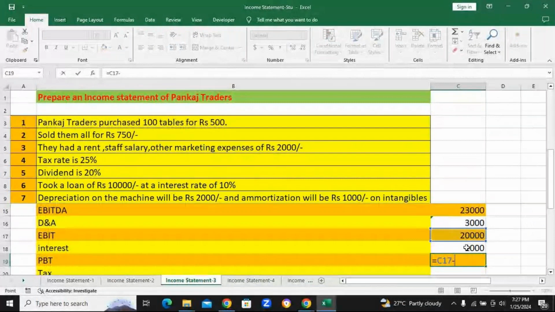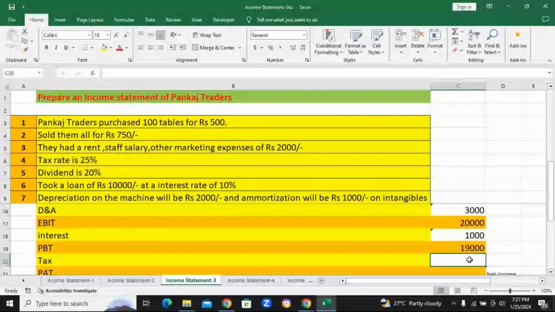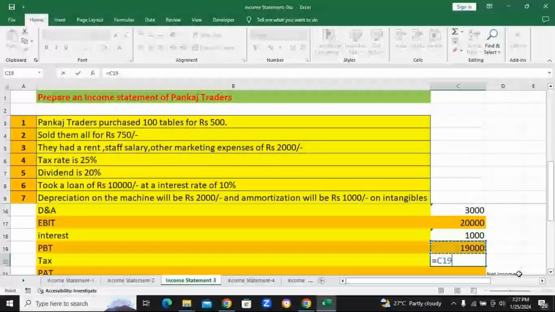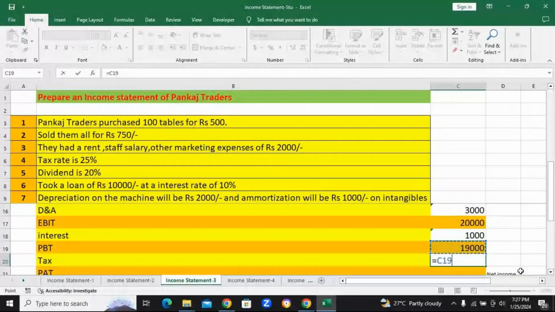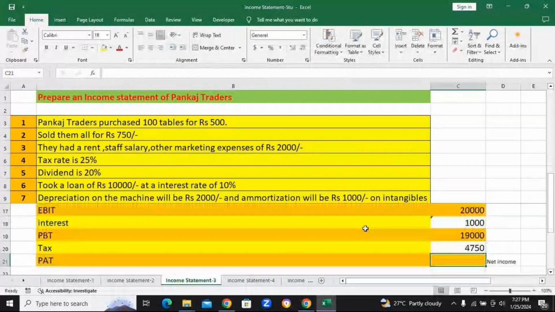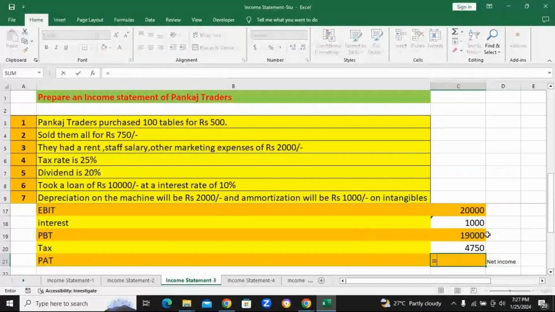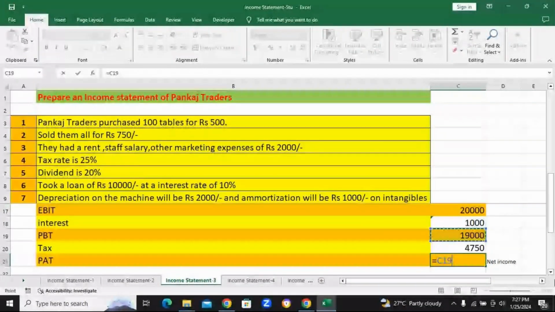So tax equals 19,000 into 25%. So now profit after tax equals 19,000 minus 4,750, that is 14,250.